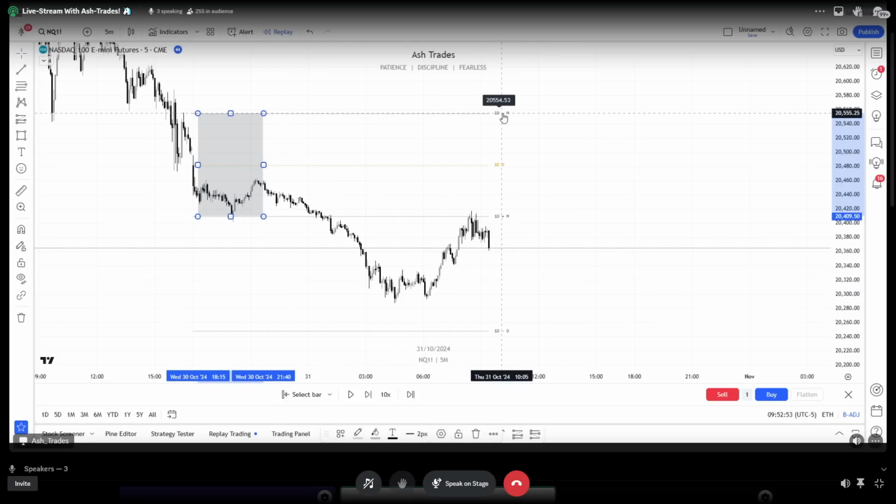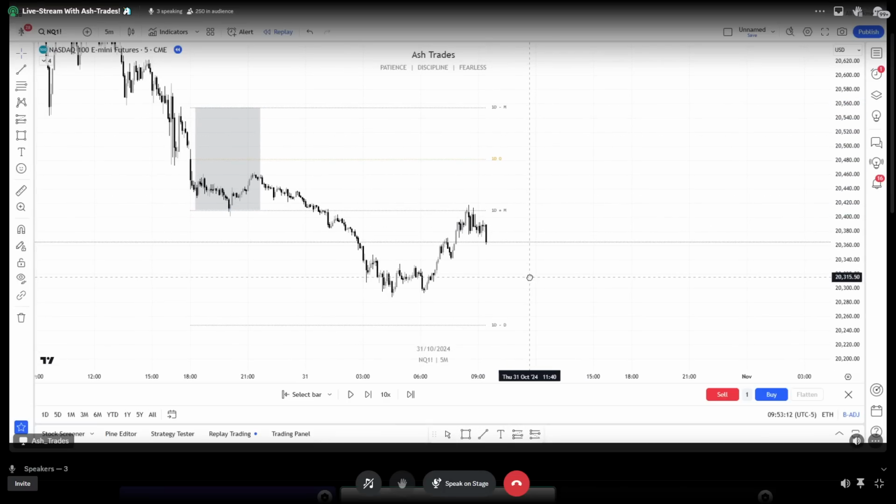We know that this is the range because of the tool. We know that we're accepting below the range because there has been no change in the state of delivery. We have not gotten back into the range to target the other side of the range. So since we are accepting below the range, in my opinion, it looks like distribution is about to happen.